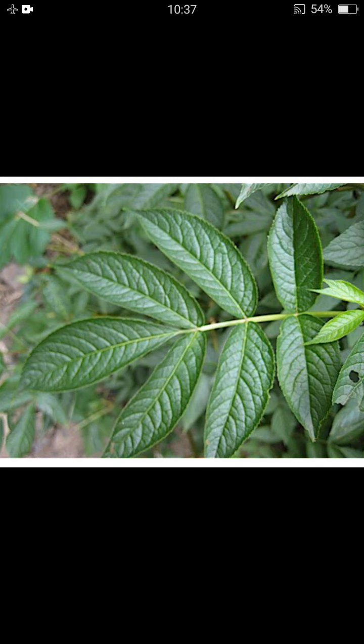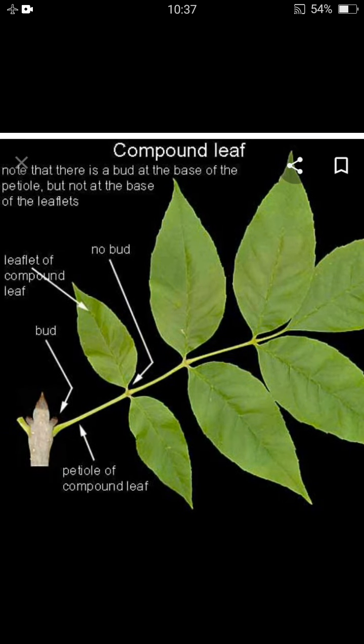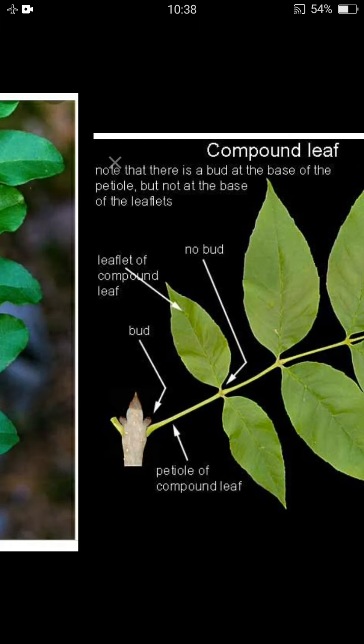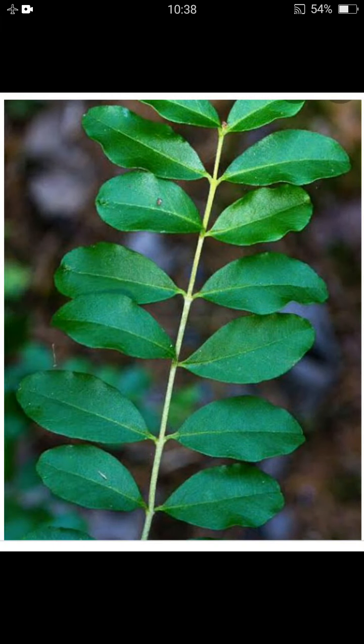Next, palmately compound leaf. You can see a palmately compound leaf, students, on the screen. The leaflets are attached at a common point at the tip of the petiole, and a number of leaflets are originating at the single point.